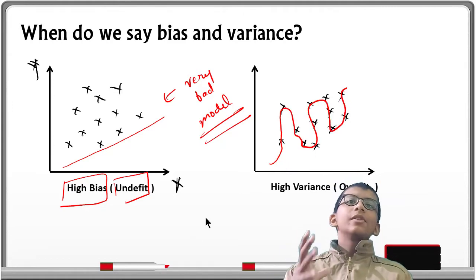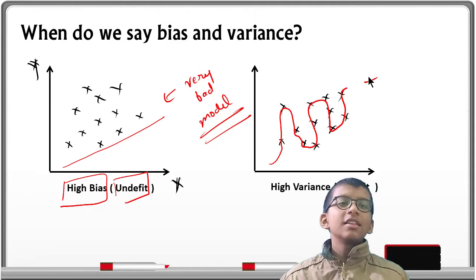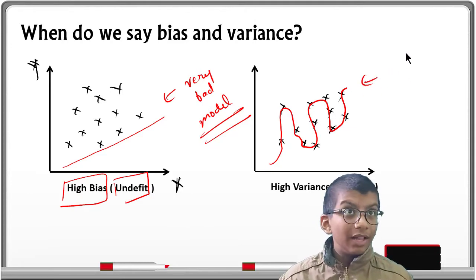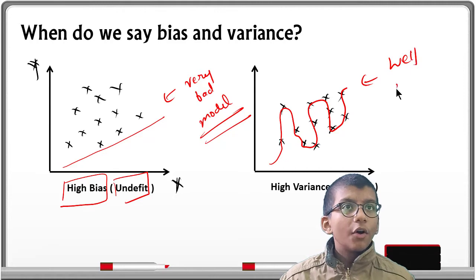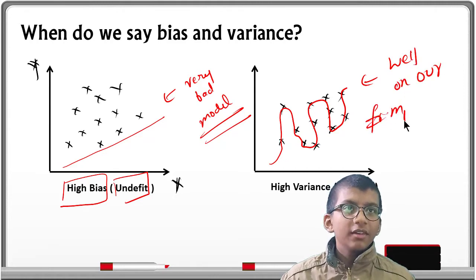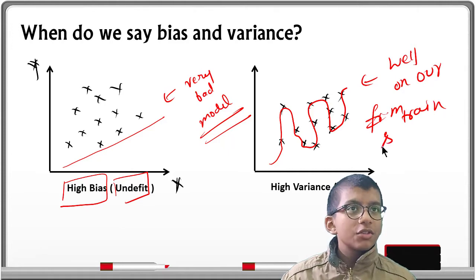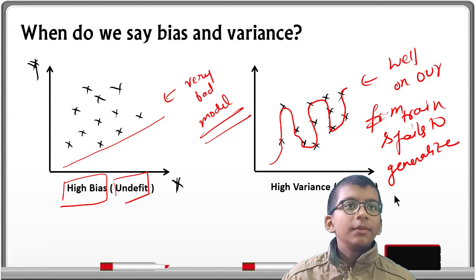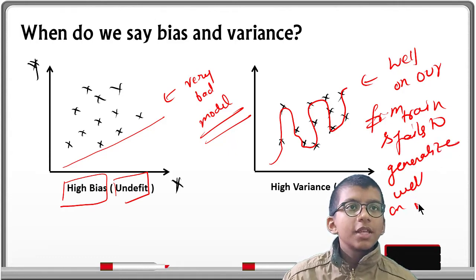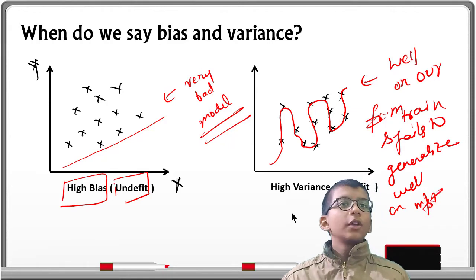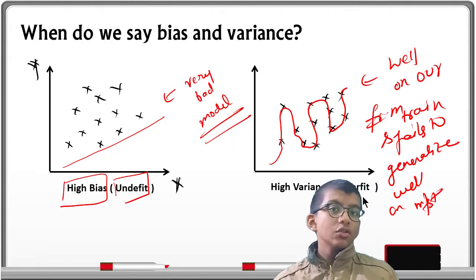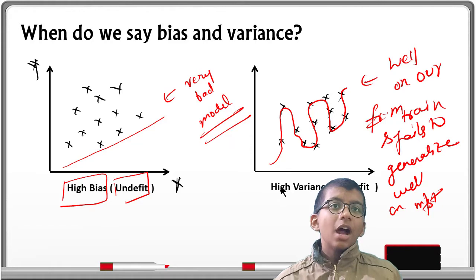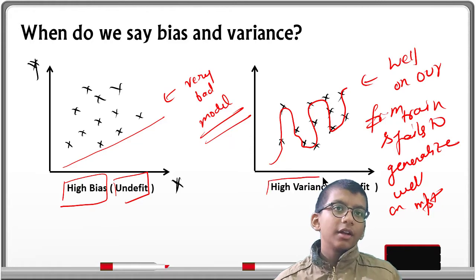It generalizes well on our training data, or m train, and it fails to generalize well on our testing data. In case of overfitting, we say our model has high variance.